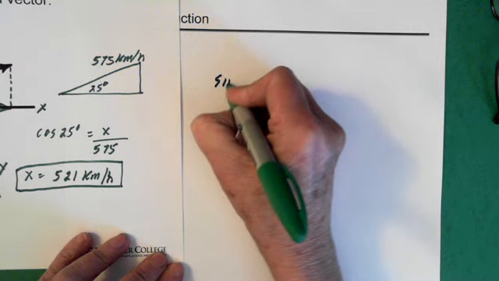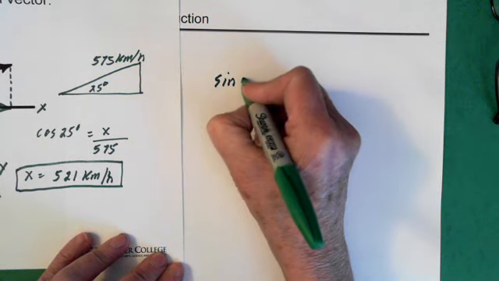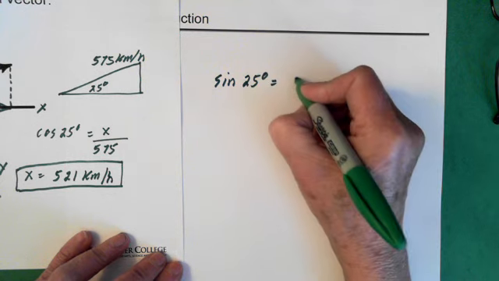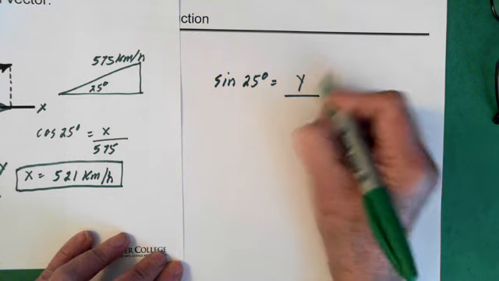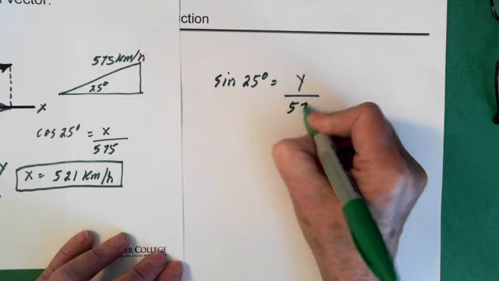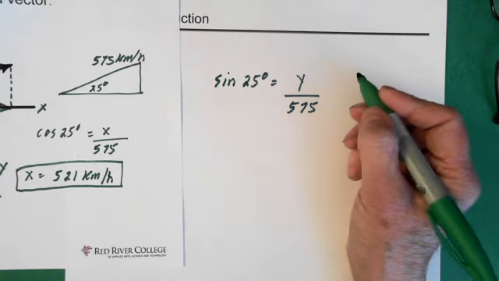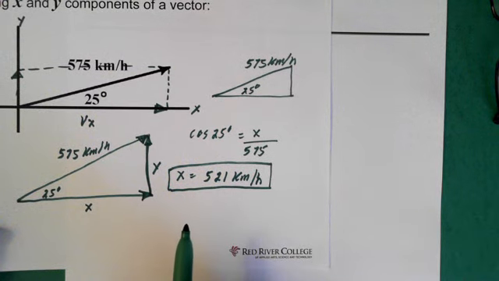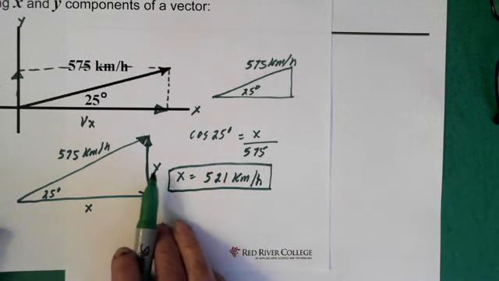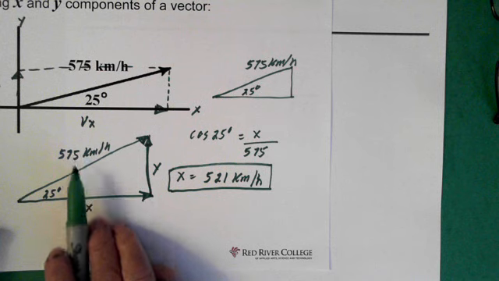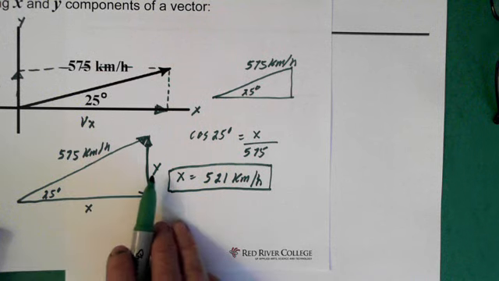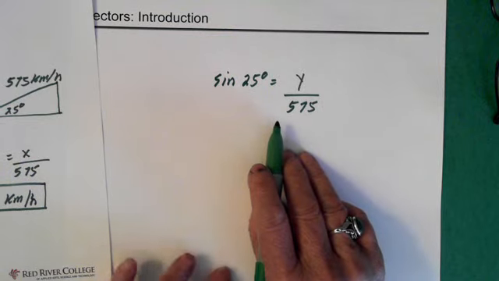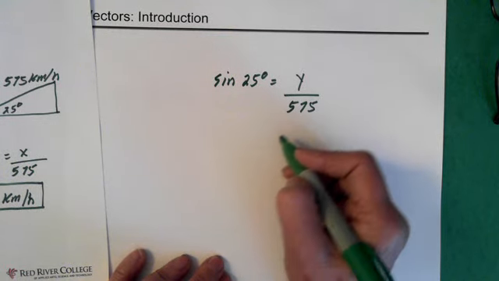So the sine of 25 degrees equals y over 575. Just to note that again, sine is opposite over hypotenuse, so the sine of 25 degrees is the y over the 575. We're trying to solve for y.